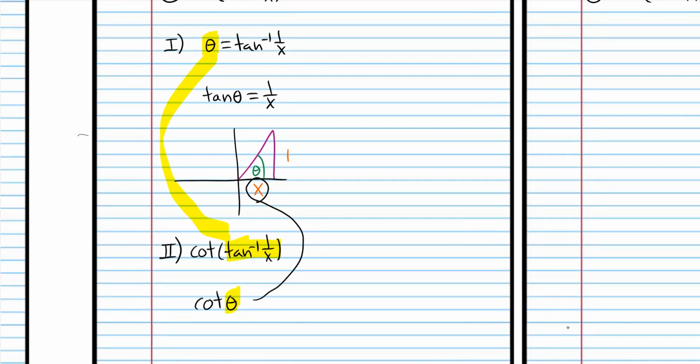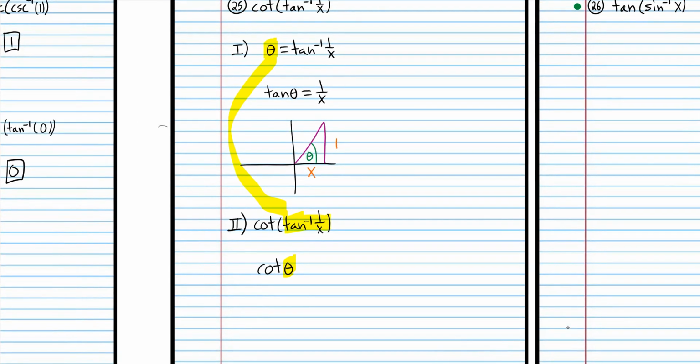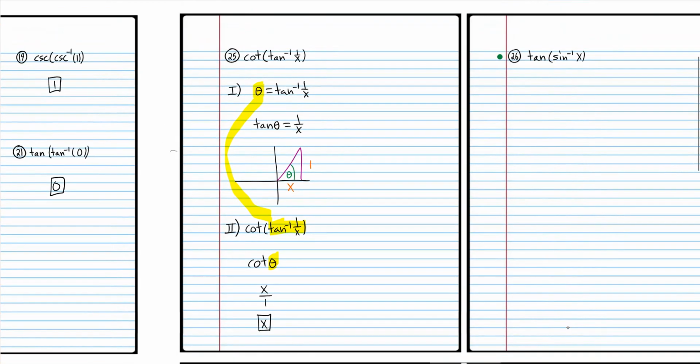Cotangent is the adjacent side over the opposite side. So in this case, we don't even need to use the Pythagorean theorem. We know cotangent is simply x over 1, which is x. And there you go. So we didn't need the Pythagorean theorem for that one.